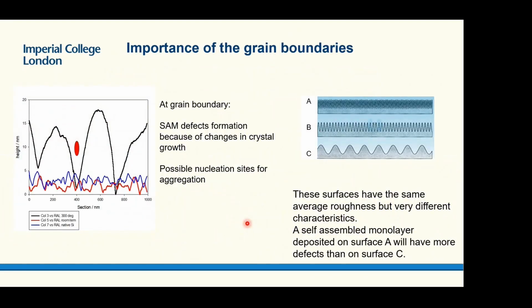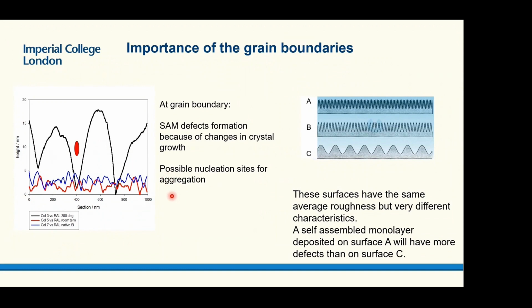So to try to put into context what could control the formation of these aggregates, and what practically controls the immobilization of the protein, and why these different surfaces give such a difference in terms of performance of the sensor, we can look at the profile of the gold surfaces here, and you can see that the gold surface with a large particle is very different than the one with a smaller particle, and this gives you an indication of the size of the protein with respect to the grains of gold.